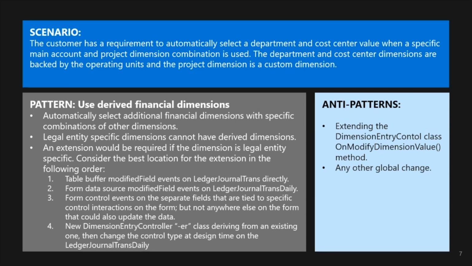And then you would have to update all the initialize and defaulting logic in all the different areas where you want it to default. That again gets complicated. So adding the dimension entry control to the warehouse form is pretty simple, but then you'd have to define all the transactions and places where you want to initialize and get that dimension.